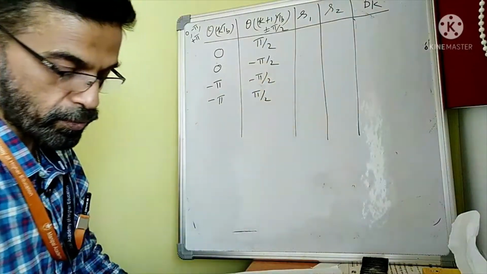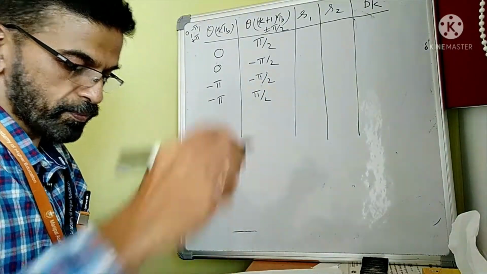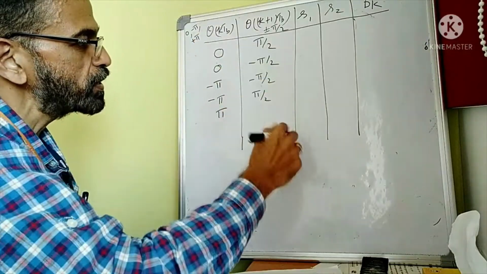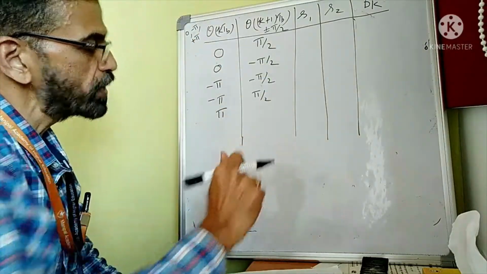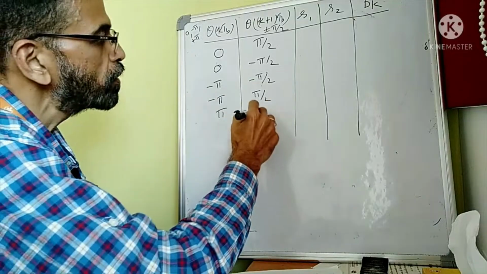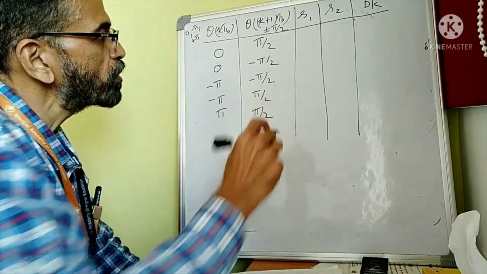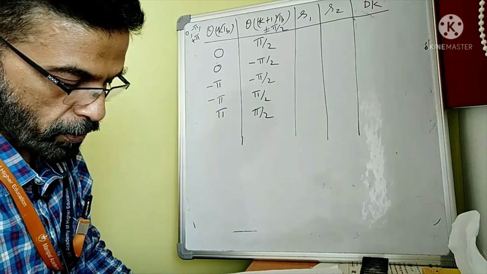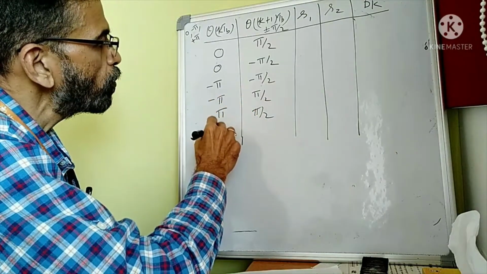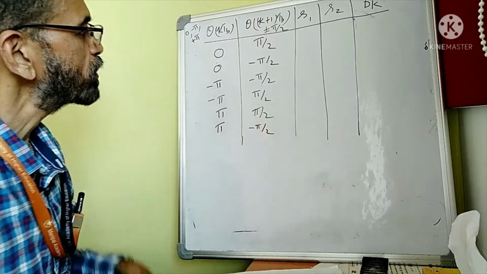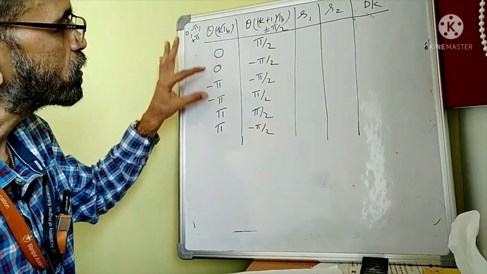I'm just listing down the possibilities, and you can see that for each I'm just writing the possible values which they can take. Pi, pi by 2, and pi, minus pi by 2. I think I have considered all possibilities.